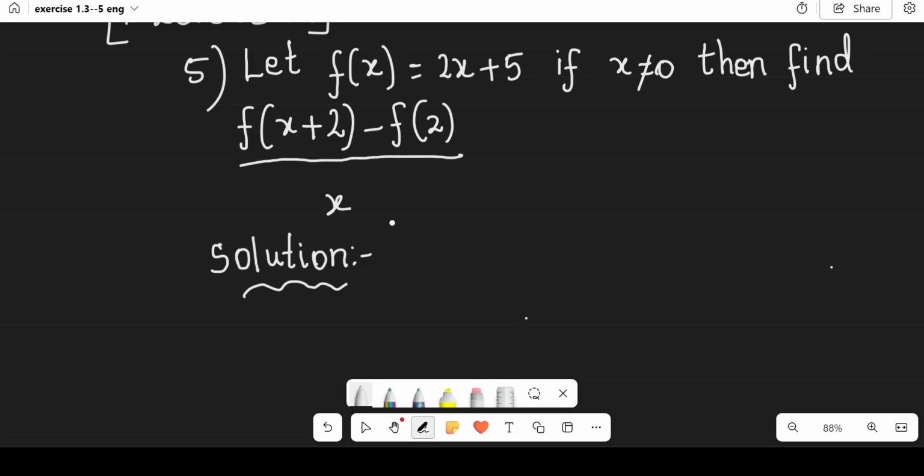Now, I have written the given data. What is given data? Given data is f of x.